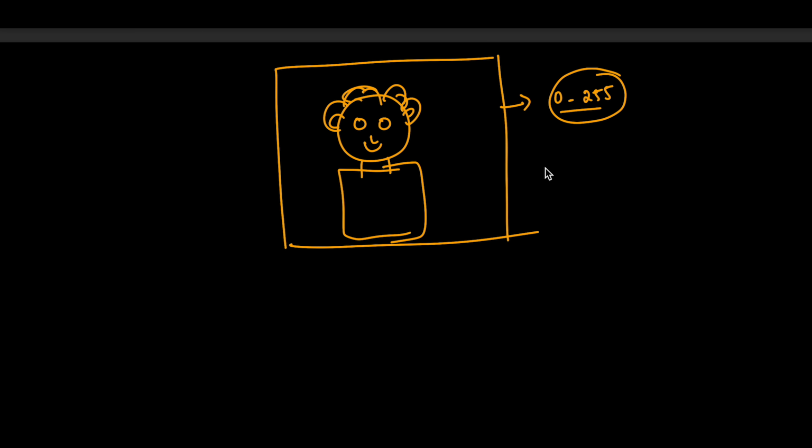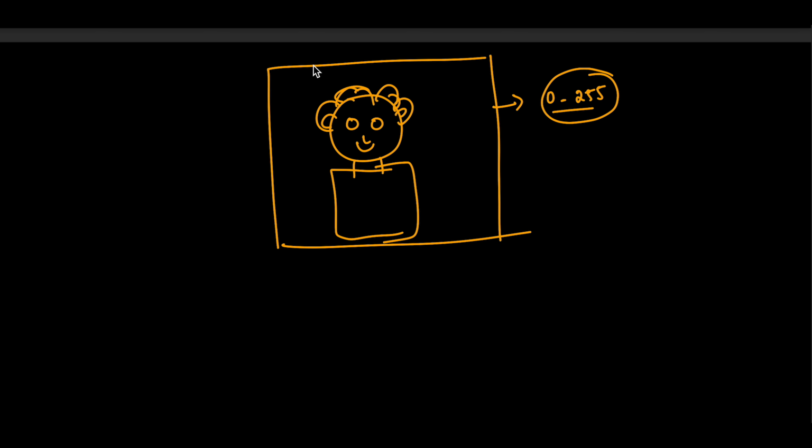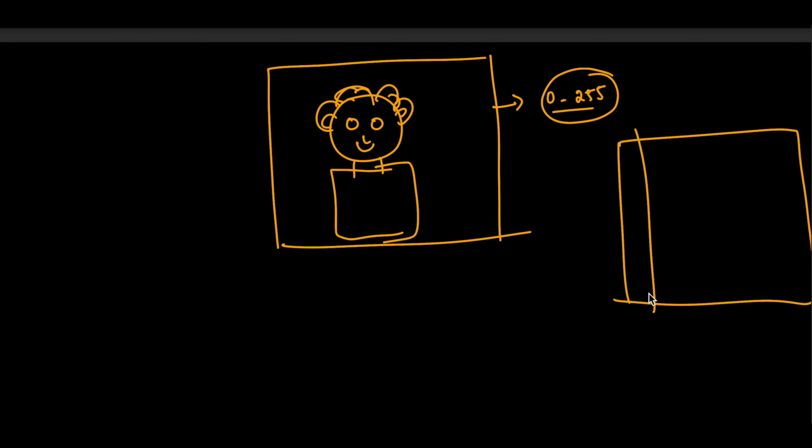In the case of black and white, the intensity represents how much white it is or how much black it is. Because of the intensity of the black and white color, we are able to picture this particular image. That means an image is nothing but an array of pixel values.